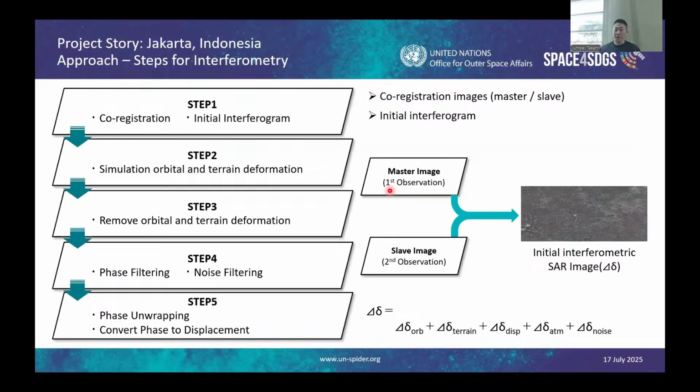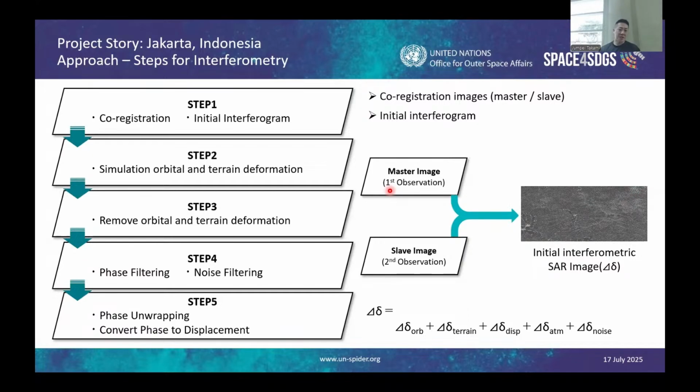But we should also focus on how to improve, or increase, the quality. Step one is the co-registration, and then we get the initial interferogram and simulate the orbital and terrain deformation, then remove the orbital and terrain deformation, then phase filtering and noise filtering, then phase unwrapping, and then convert phase to displacement.